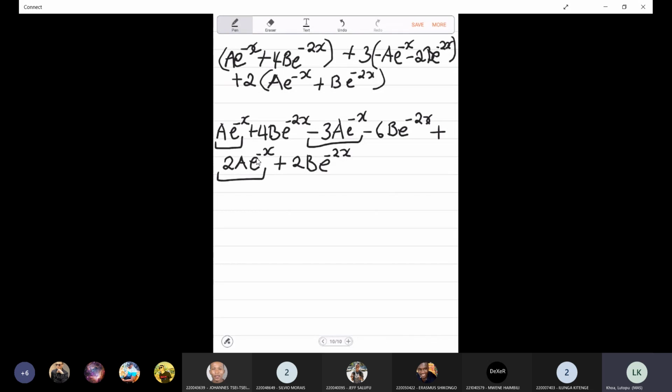And then the ones that have e to the power of minus 2x. So I have 4b minus 6b, that's minus 2b plus 2b. This is all equal to 0. So therefore, y satisfies the equation.